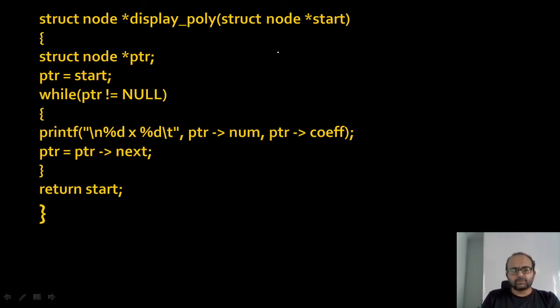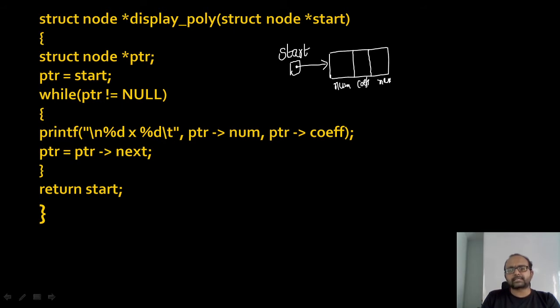So consider this is a start pointer, and this start pointer is pointing to the first node, and it contains a total of 3 parts. So this is num, this is coefficient, this is next. And this is another node, and it again contains 3 parts.